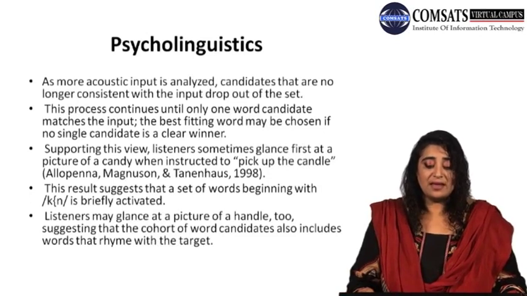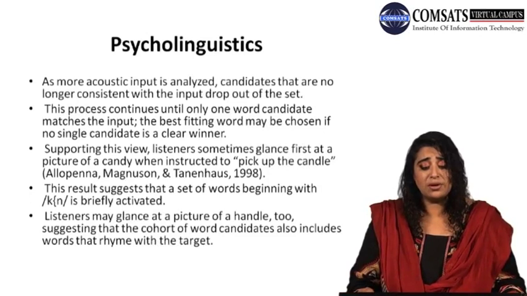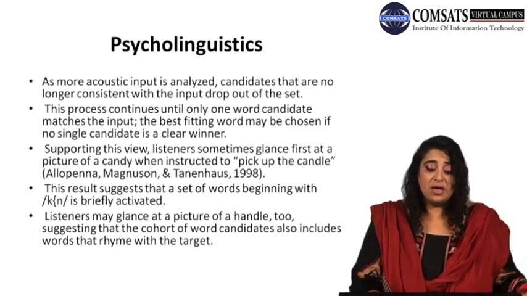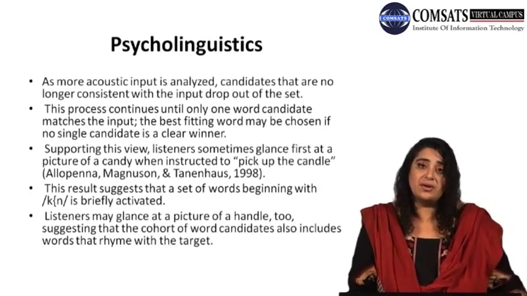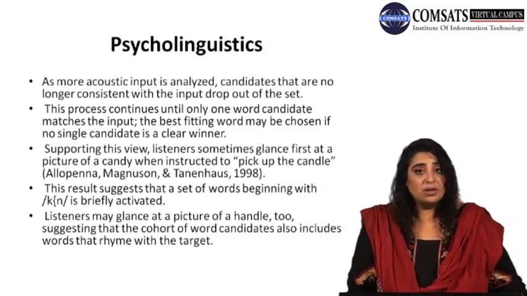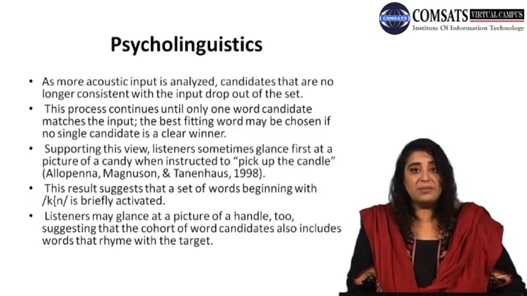Now listeners may glance at a picture of a handle too, suggesting that the cohort of word candidates also includes words that rhyme with the target. So maybe a listener would also glance at a picture of a handle, because candle and handle rhyme, even though they're two different things, just because of the sound. So the listener will immediately maybe look at the picture of a handle also.